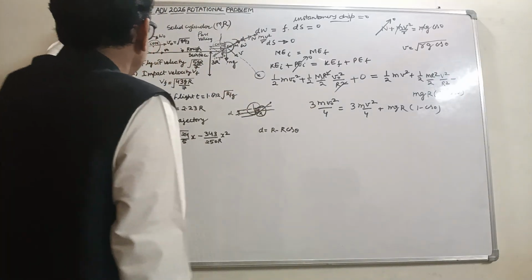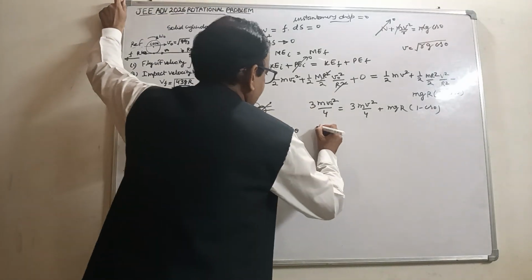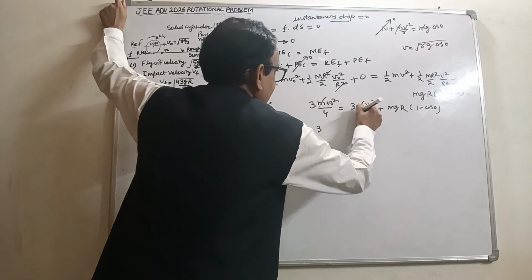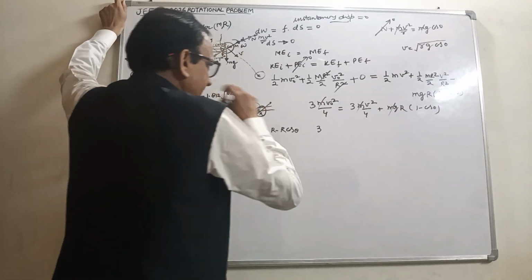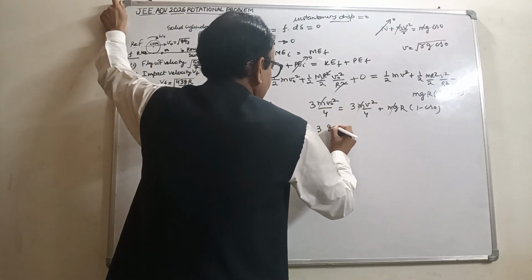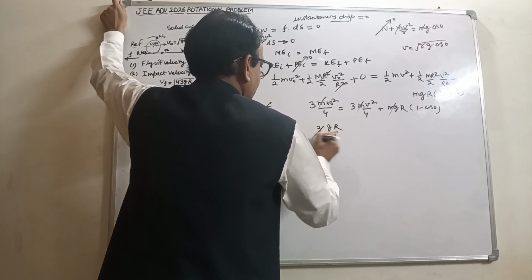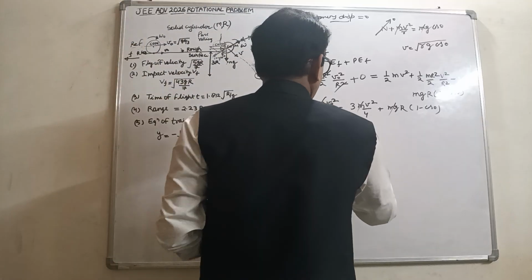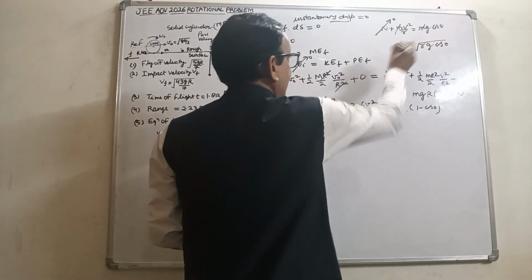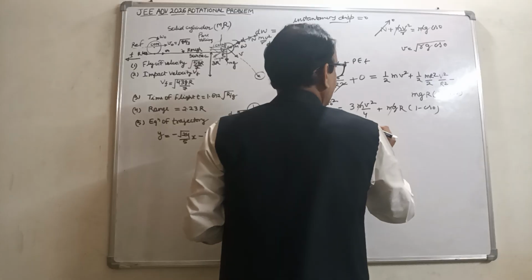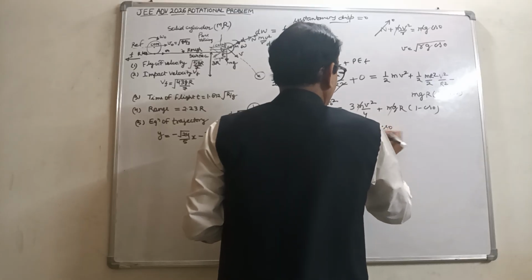The value of v naught square is given as gr by 3. So m cancels out, and this becomes gr by 3, and this becomes 4. So 3 cancels out here. So the value of v square is rg cos theta upon 4.